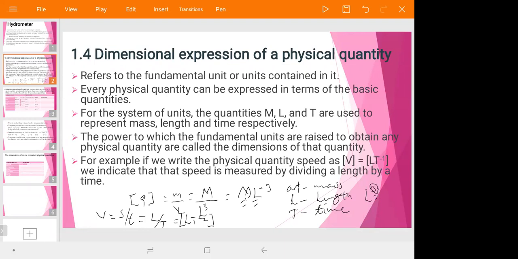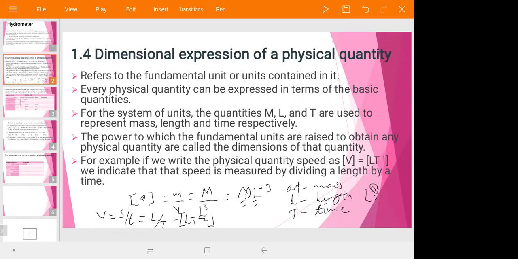For example, acceleration is equal to change of velocity over time taken. Change of velocity means meter per second. Meter is the SI unit of length, and second is the SI unit of time, over time again.